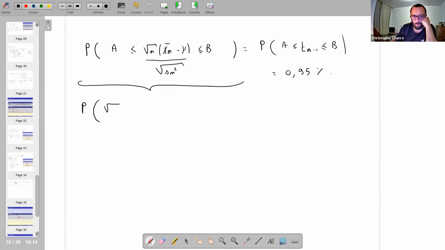Okay, so I will have the square root of Sn square times a, divided by the square root of n, minus x̄n, that is less than minus mu and greater than what?